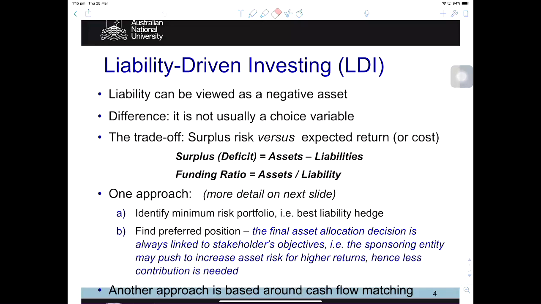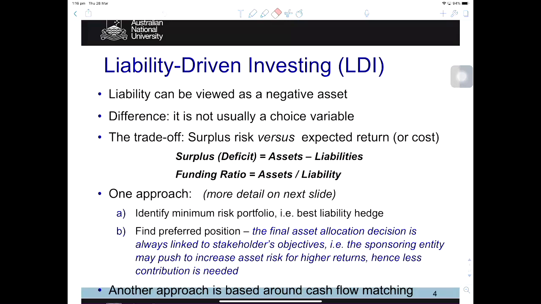With DB funds, the quantitative risk measure is not going to be tracking error or simply the standard deviation of their assets or their portfolio. Tracking error quantifies the peer risk, defined as how much you are deviating from the benchmark performance.